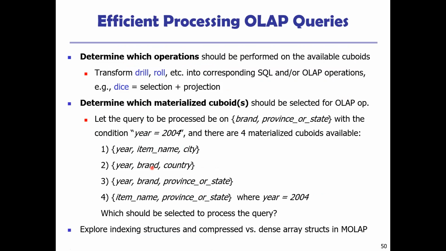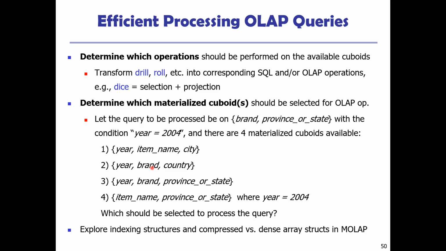Another efficiency idea is that once we want to retrieve data, it's better to use the most relevant cuboid that will give me as much as possible the data that I need in order to answer my question. More data means wasted computational time.